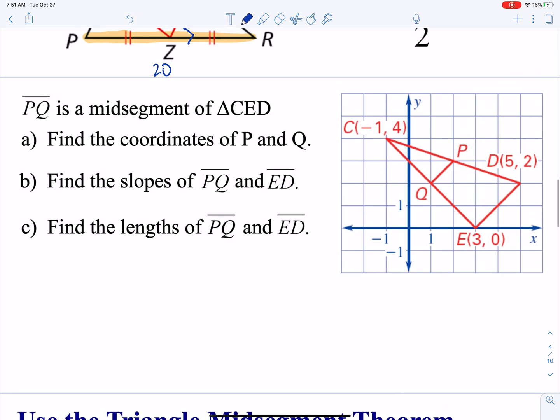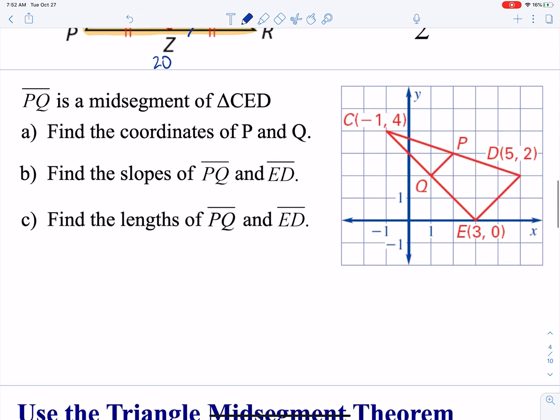So let's investigate this information in this problem. PQ is a midsegment of triangle CED. We need to first find the coordinates of P and Q. Well, if it's a midsegment, it connects two midpoints.